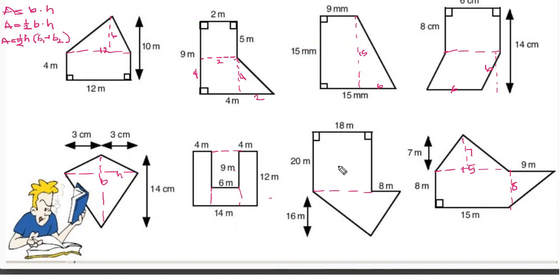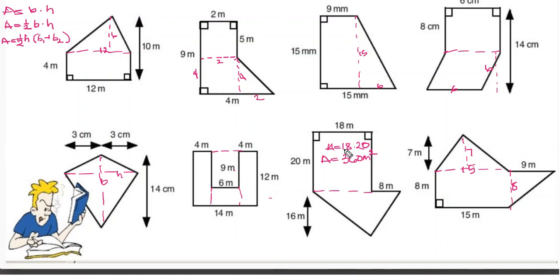Okay, let's just solve one of these, right? Area for a rectangle right here is base times height. So let's say a base of 18, a height of 20. 18 and 20. Okay. And it's meters squared. Did I do that right? Okay.